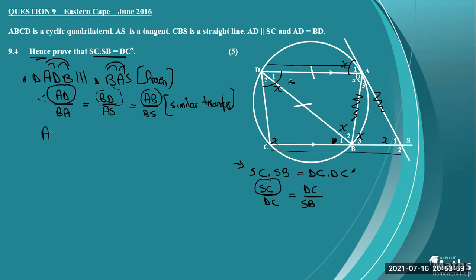So I'm going to say AD is equal to SC, opposite sides of a parallelogram. So instead of writing AD, I'm going to write SC. So then at least I have 1 over BA or AB.